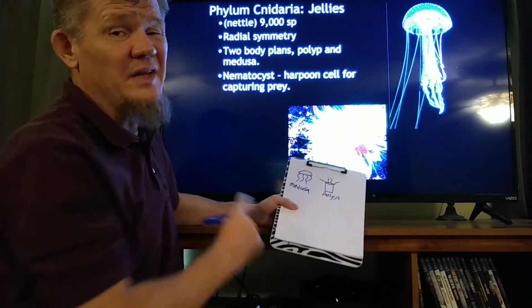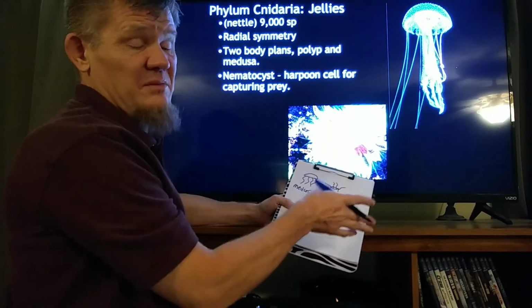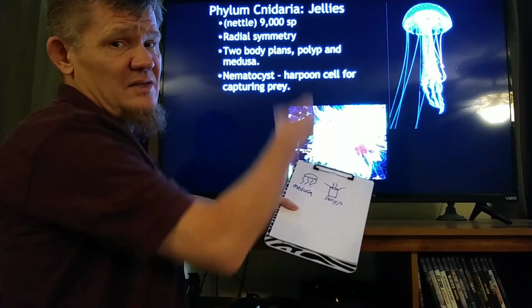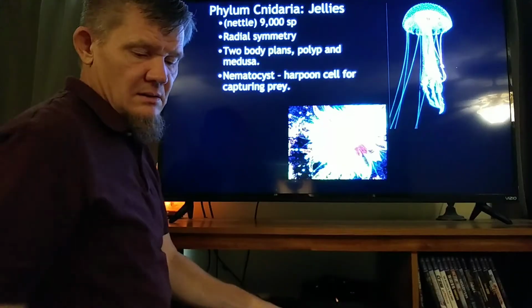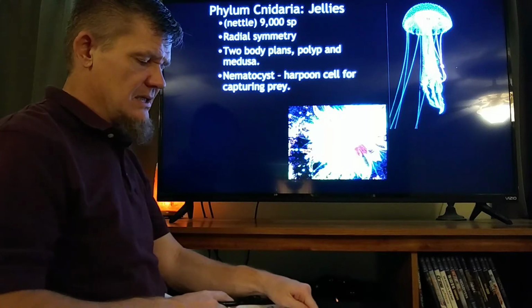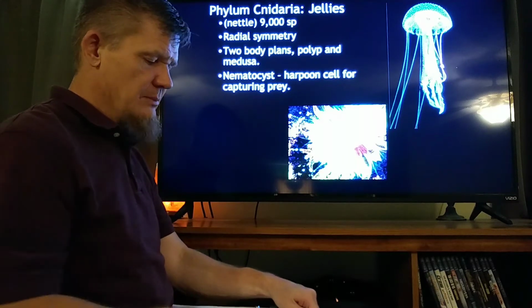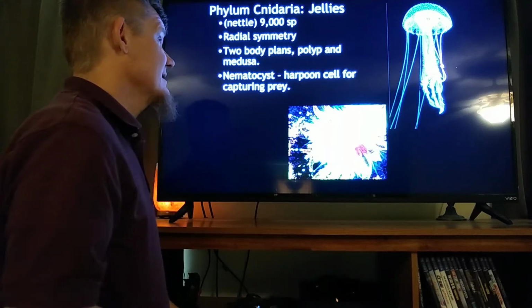Many species will actually transition back and forth between both. They have a life stage where they are a medusa, and then a life stage where they are a polyp. They'll go back and forth. Their scientific name, Cnidaria, refers to the stinging nettle. It comes from the stinging cell they have called a nematocyst.